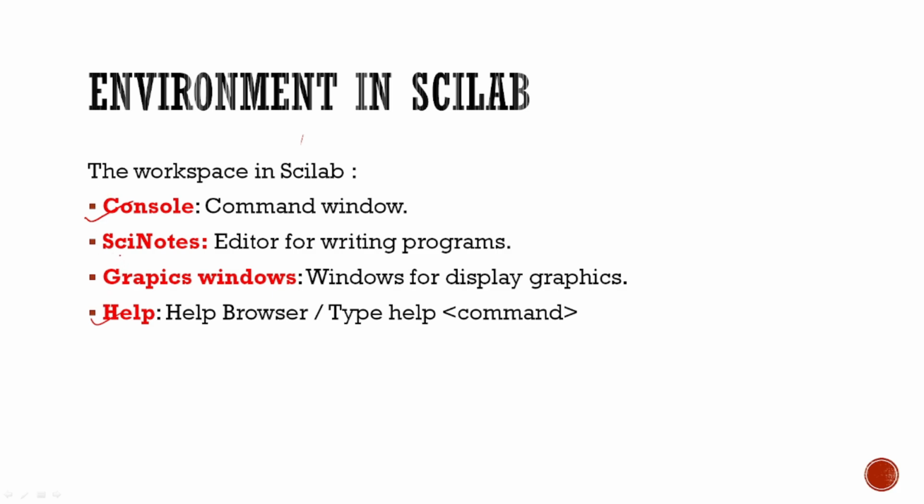Next, suppose you want to write a program, then you can use the SciNotes editor, or if you want to display graphics plots, then you can use the graphic window. Now, how do you write a program in SciNotes?